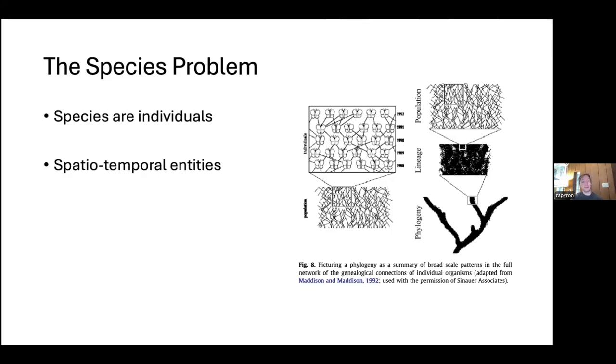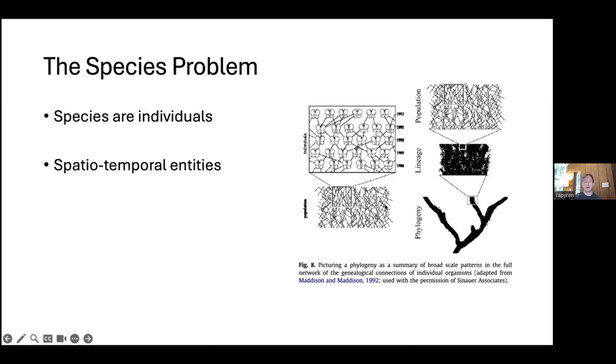You could think of it as a spatio-temporal entity. It exists in a given range of time and in a given range of space. And it has boundaries that are fuzzy while it exists, because some species might still be hybridizing with other species. And it has boundaries that are fuzzy when it begins and ends. There's no exact dividing line of exactly when speciation has occurred and exactly, well, there can be for extinction. That's obviously a hard dividing line, but that's pretty much the only hard dividing line.